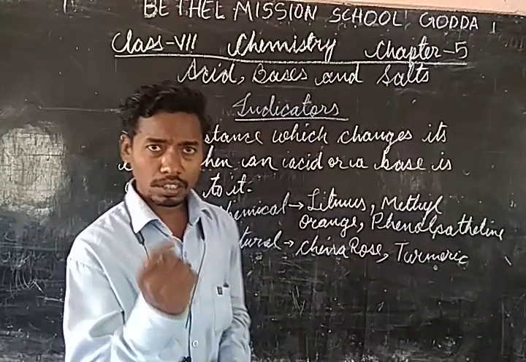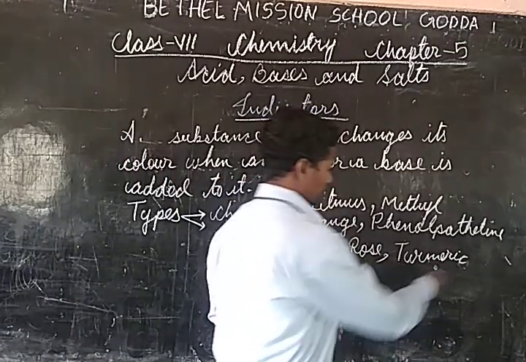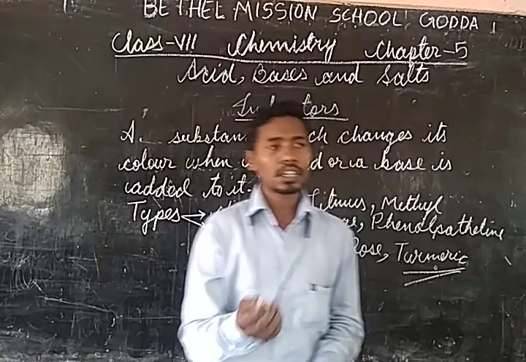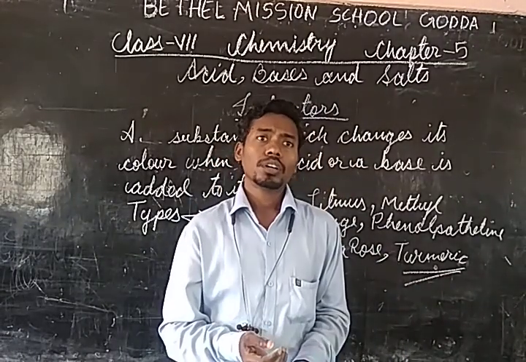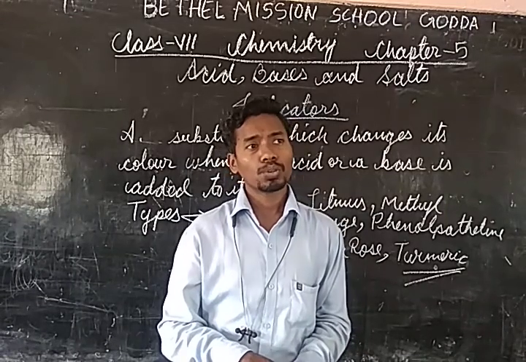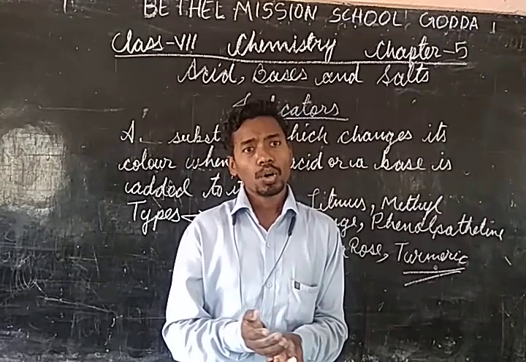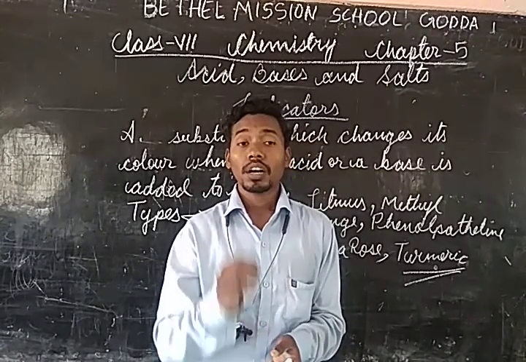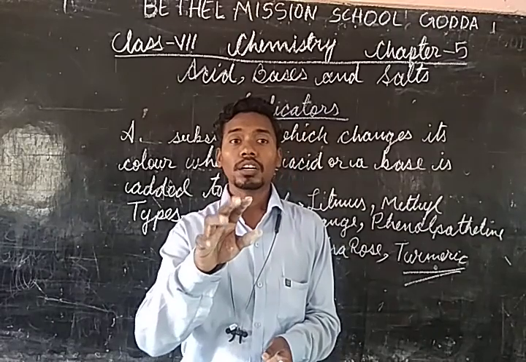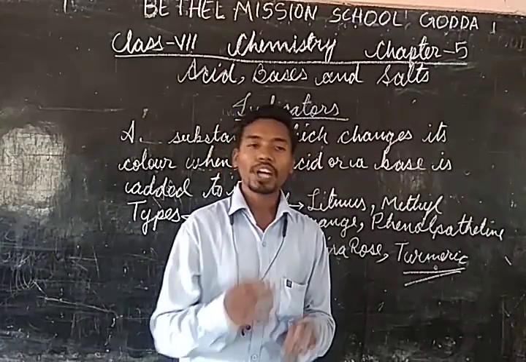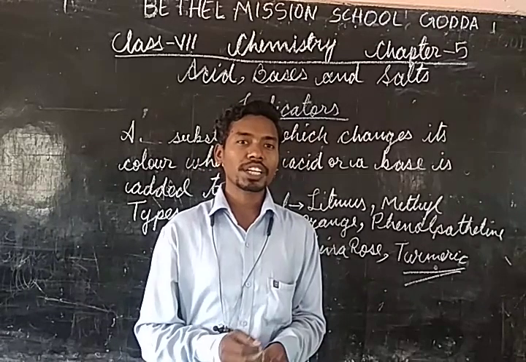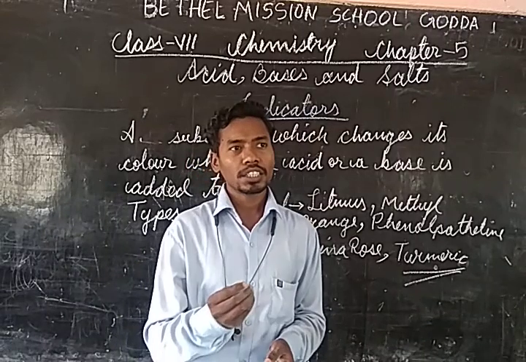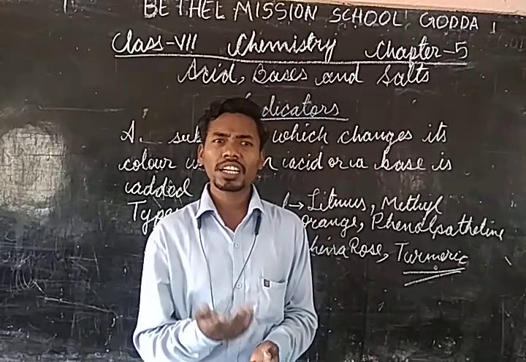A very good example is turmeric. You might have seen that when your hands have turmeric on them and you wash your hands with some detergent, you see that your hand gets red in color.